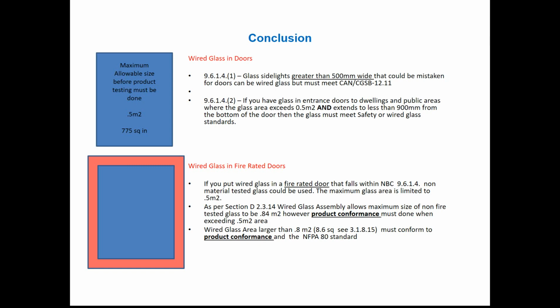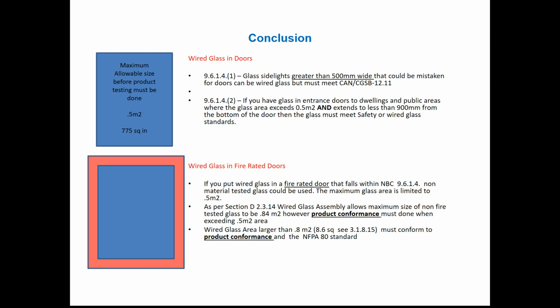So now the conclusion is that sidelights greater than 500 millimeters that could be mistaken for doors can be wired glass, but must meet the requirements. Again, as they talk about sidelights, that goes back to the impact rating. If the door is the entrance to dwellings or public areas and exceeds the size and is less than a set height from the floor, it must be safety glass or wired glass.